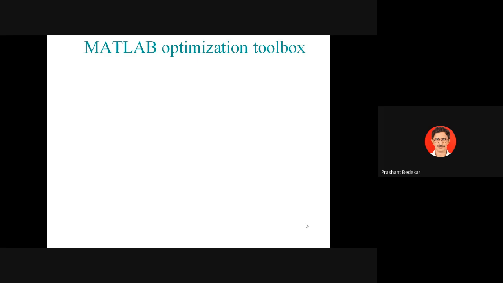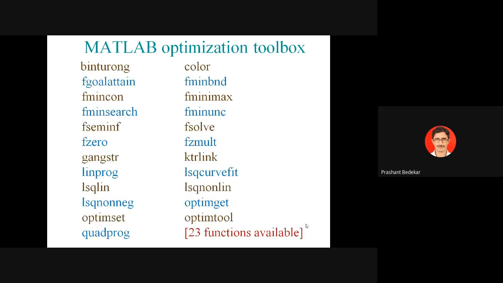Very powerful tools are available. Let's concentrate on the optimization toolbox only, because our STTP is related to optimization. If you go through the MATLAB optimization toolbox, you will find that there are 23 functions available.